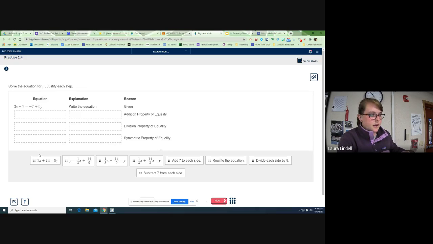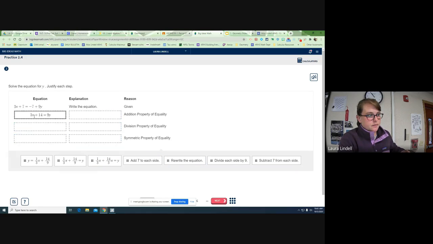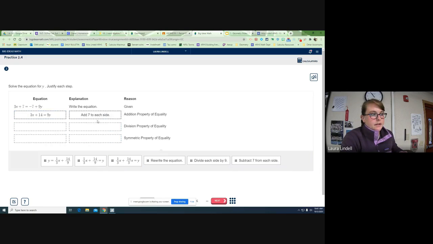So is there anything down here that has the 7 moved over to the other side? It turns out this one right here. It looks like if they added 7 to both sides, they would get this. And it tells you over here what you're supposed to use, so that can also give you a clue. You're supposed to use the addition property of equality by adding 7 to each side.